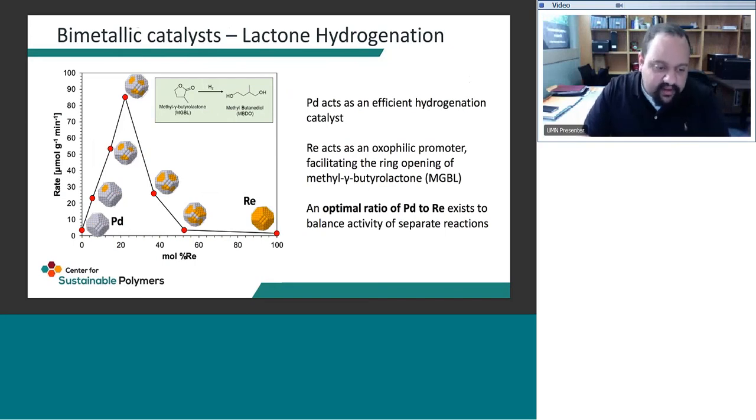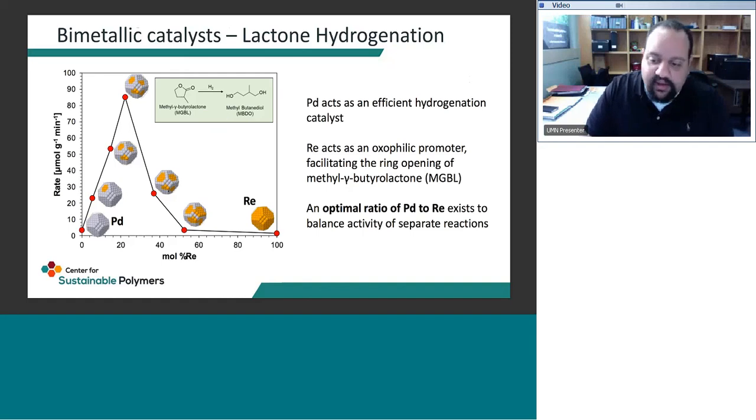When palladium catalysts were first considered, as those were working for all the subsequent steps, it seemed that there was quite a low rate for this reaction. Now, rhenium is known as an oxophilic promoter, so when you make bimetallic catalysts with, say, group 8 noble metals like palladium, you can really enhance the rate of a reaction, and that's particularly true for these lactone hydrogenation chemistries.